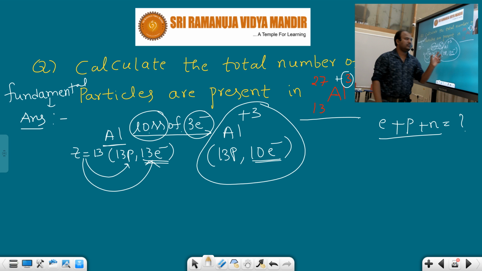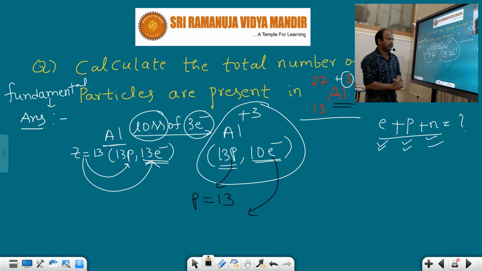Because in the question, look at the screen, an aluminium plus 3 cation is given. That's why I have taken the aluminium plus 3 cation. I didn't take the aluminium atom because in that question a cation is given. So proton number is 13. Electron number is how much? 10. So I know the electron number and the proton number. What do we have to calculate now?